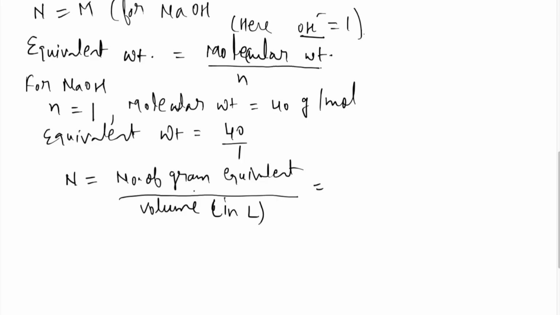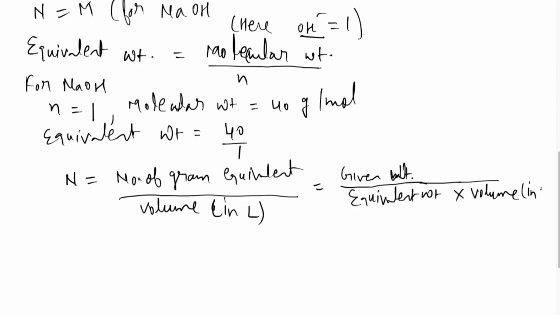And the formula for the number of gram equivalents is given weight, that is the weight of NaOH that we are supposed to calculate to find out how much NaOH we are supposed to dissolve, divided by equivalent weight. Rest remains same. So multiplied by volume in liter, and this weight will be in gram.